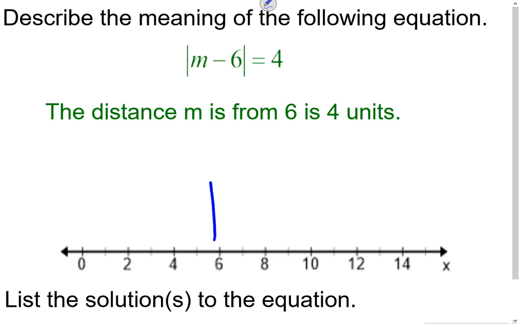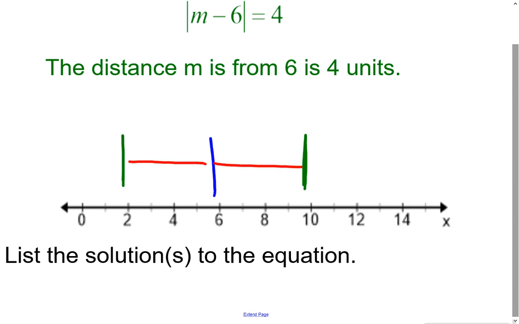I have some numbers that are 4 units away from that. So if I go 4 units to the right, well, where am I at? I'm at 10. If I go 4 units to the left, I'm at 2. So I come down here and list the solutions to that equation. I end up with m equal to 2 or m equal to 10.